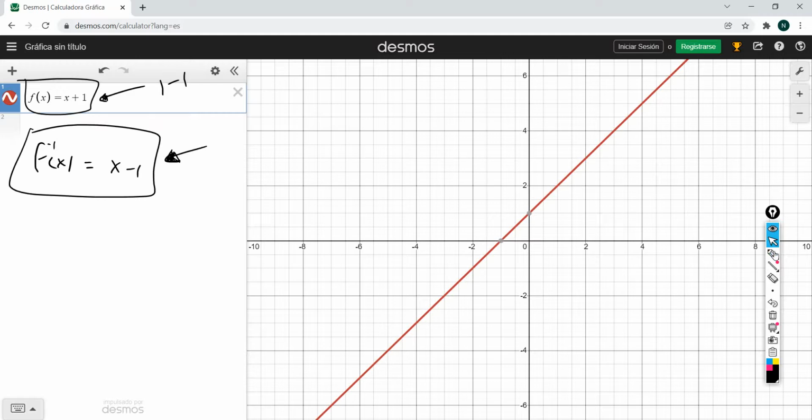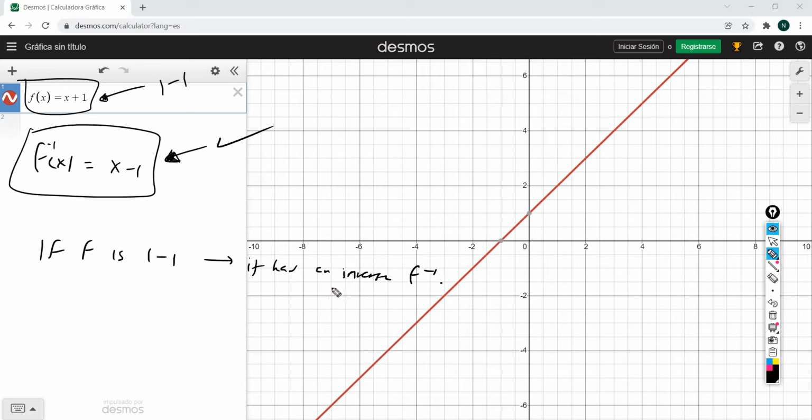Look, if f is one-to-one, it has an inverse and it can be found. And this is f inverse. We had demonstrated that before. So if f is one-to-one, then it has an inverse, f inverse.